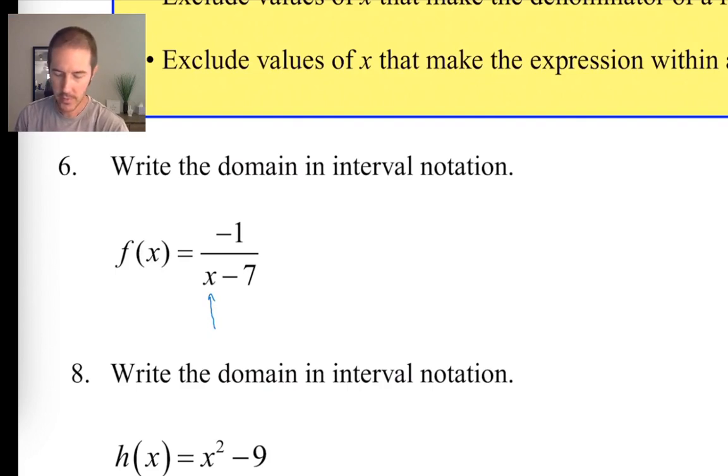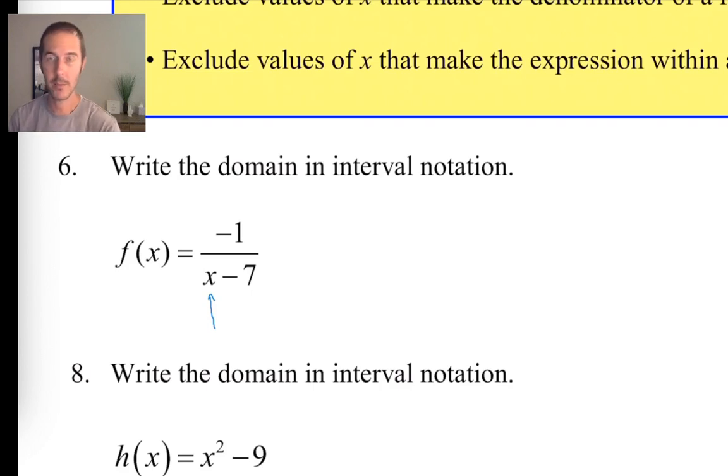Instinctively, some of you are looking at this and saying, well, x can't equal 7, because if I change that x into a 7, then in the denominator I've got 7 minus 7, which equals 0, and that's division by 0. I can't have a 0 in the denominator, so I better avoid an x value of 7.